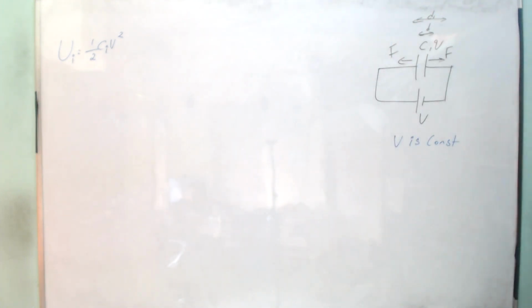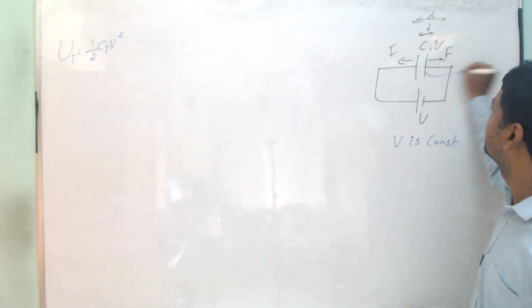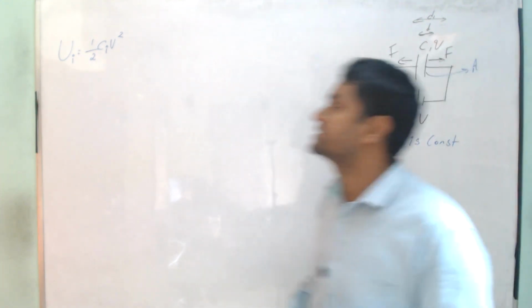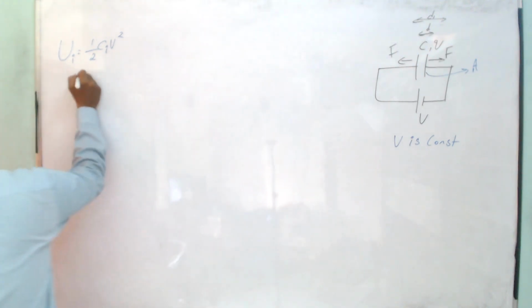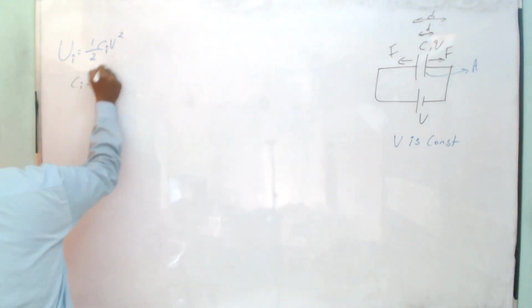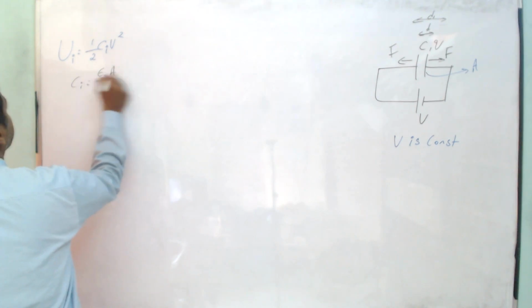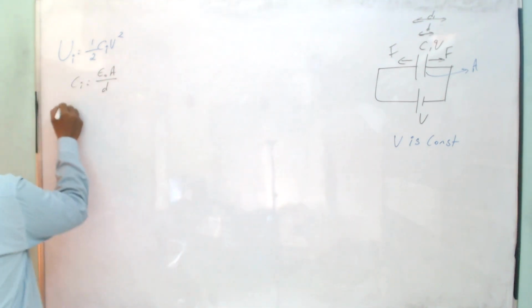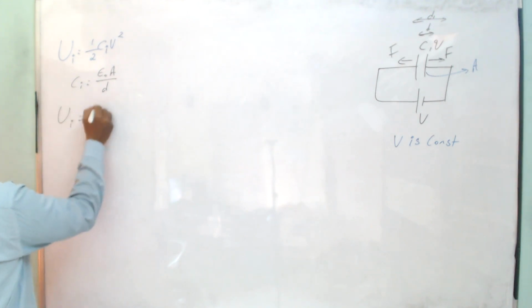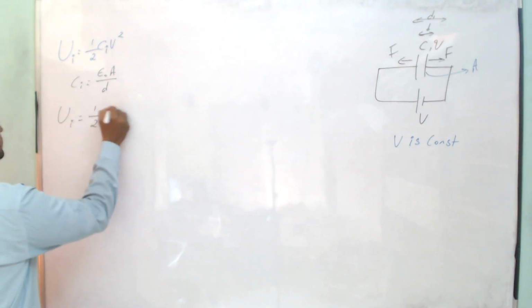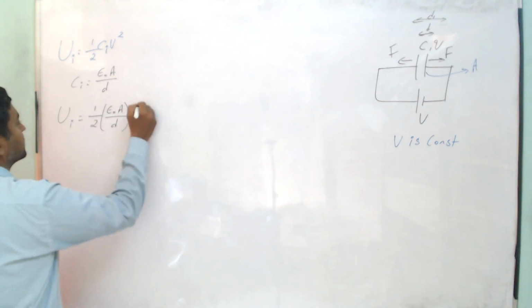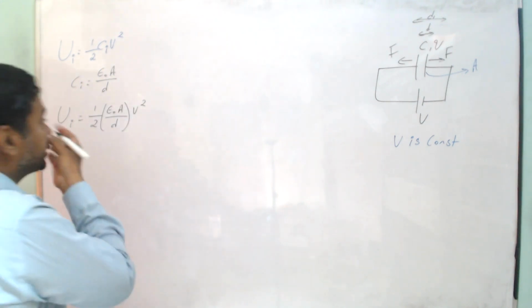Let the area of the plate be A. Initial capacitance is epsilon naught A by D. So my initial potential energy is half epsilon naught A by D V square. Is this clear?